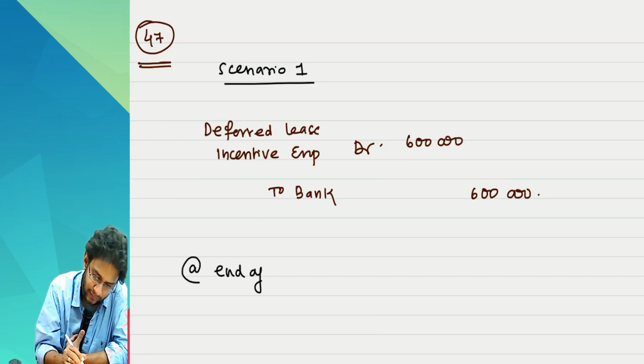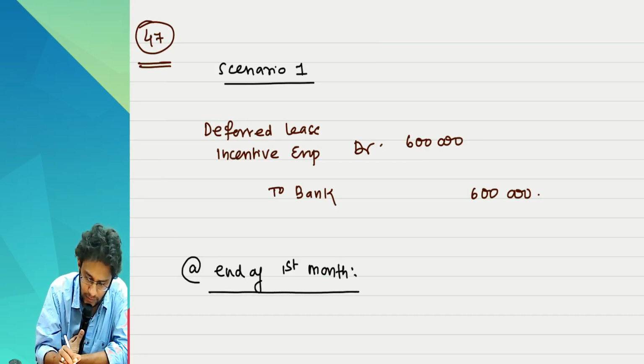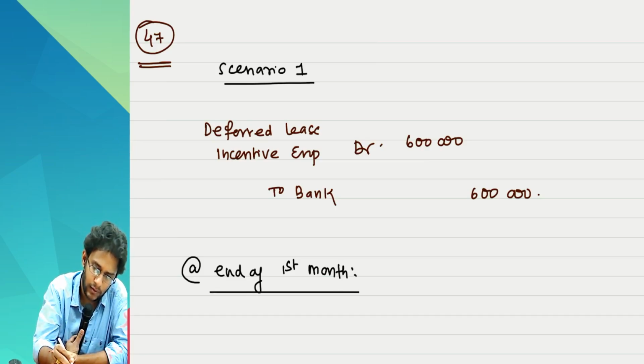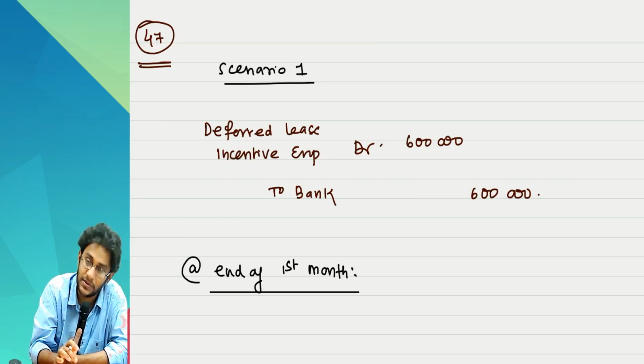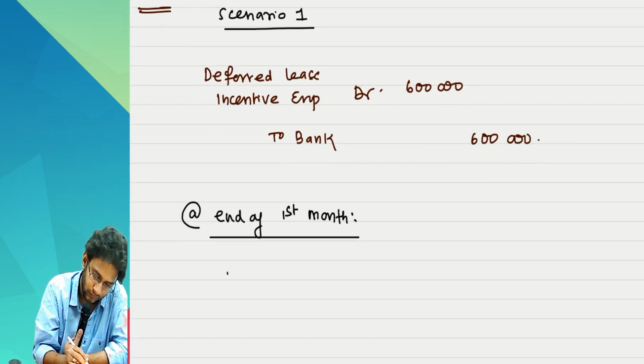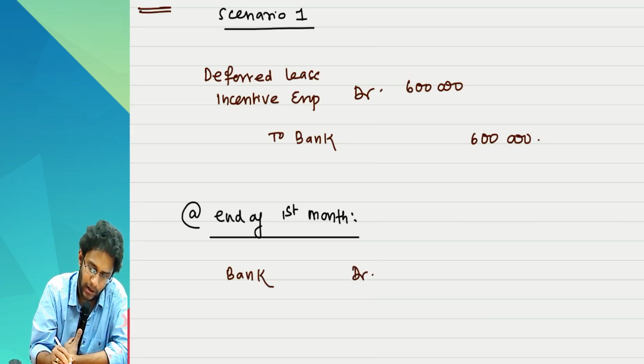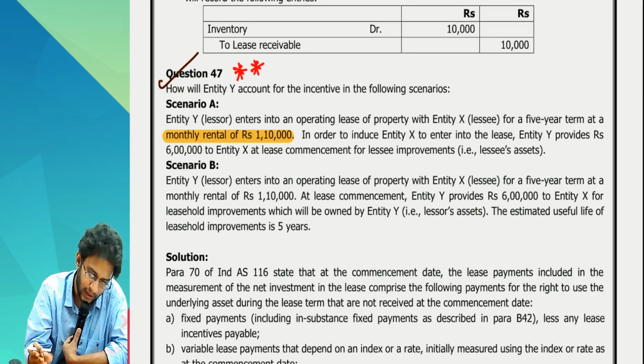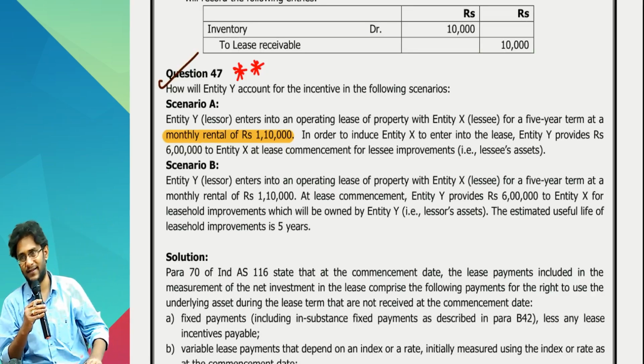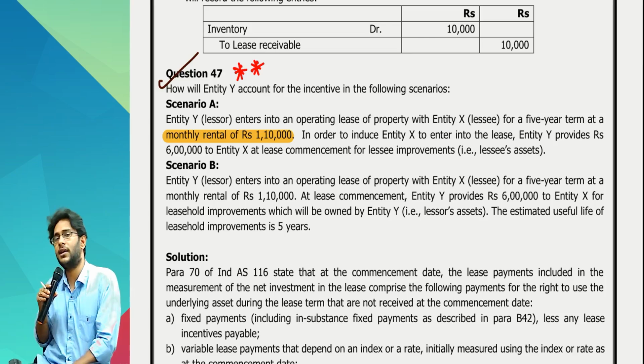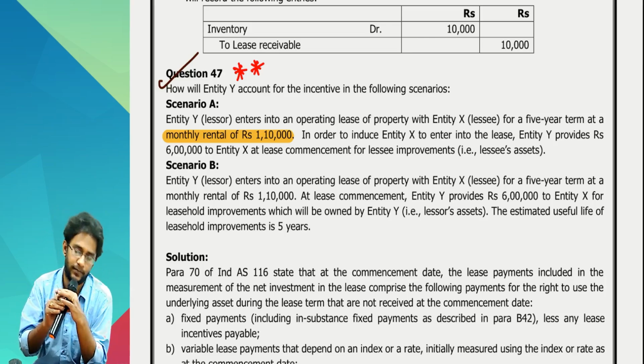At end of first month, you received some lease rent. So bank account debit, what was your lease rent value? 1,10,000. And 10,000 is again recovering of whatever cost you spent.